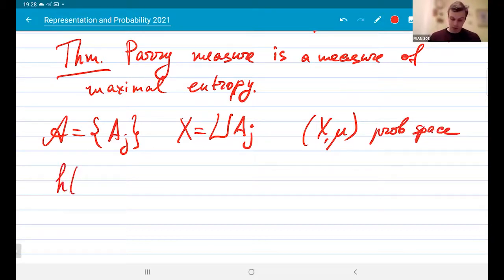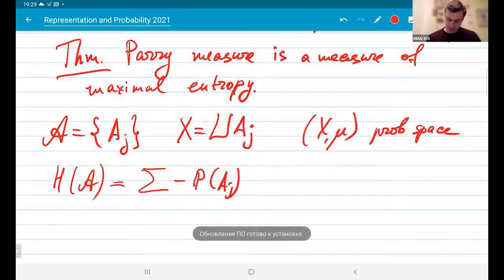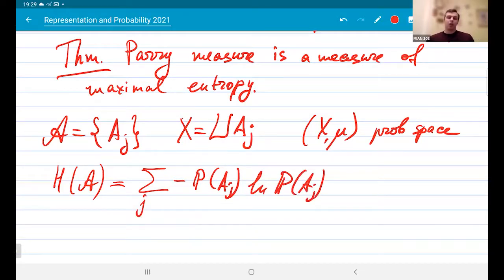The definition is that the entropy of this A is just the sum of minus P of Aj times the logarithm of the same. This is a definition. At least now it seems something strange, a formula that just comes from nowhere.